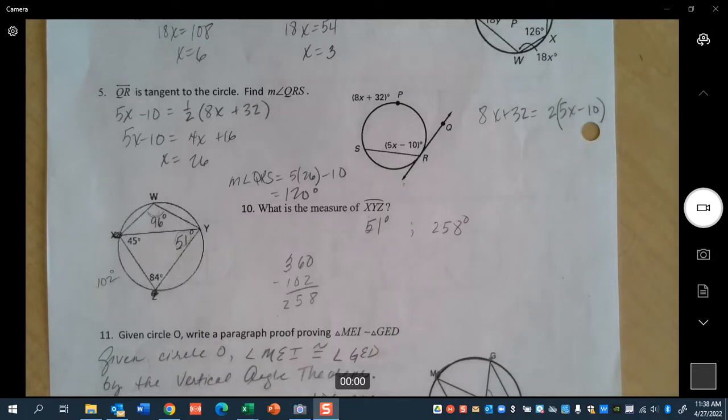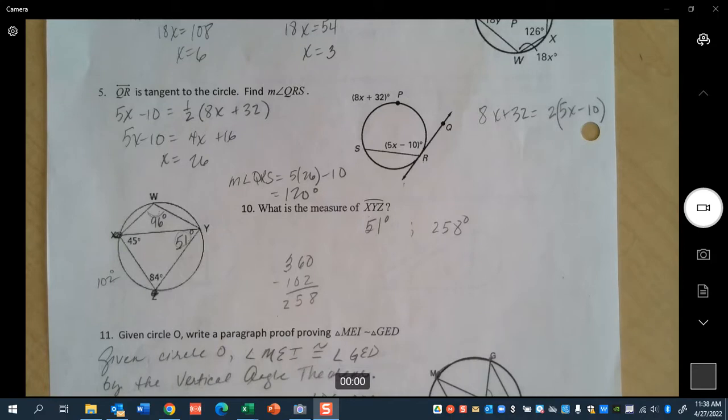Yeah, you can say double this is equal to that, or you can say this is equal to half of that. You should have still gotten the same value for X. Over here, I could double this, or I could half that, whatever I've got to do to make them equal.